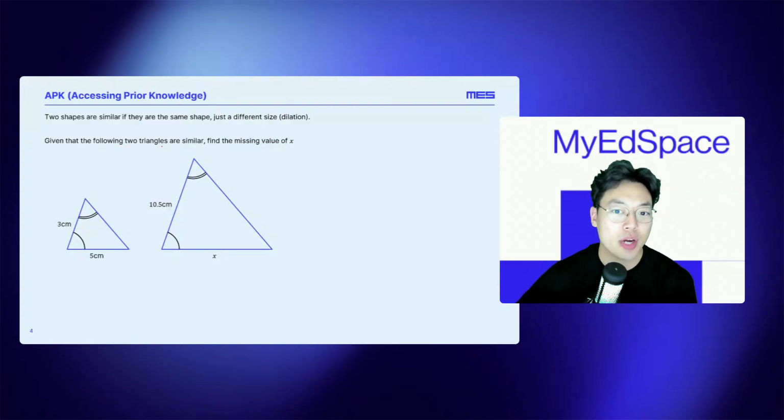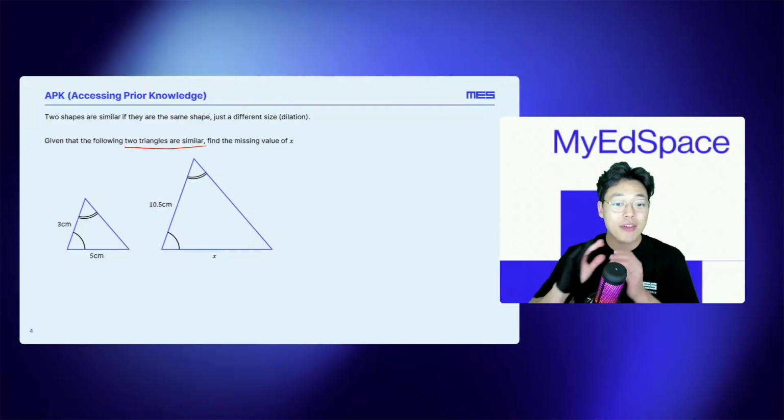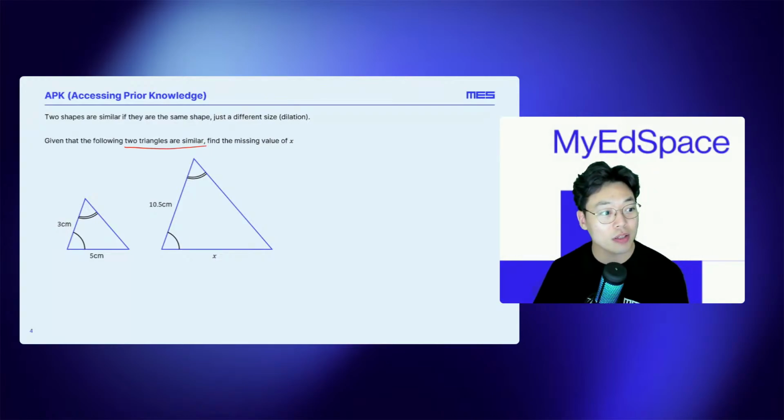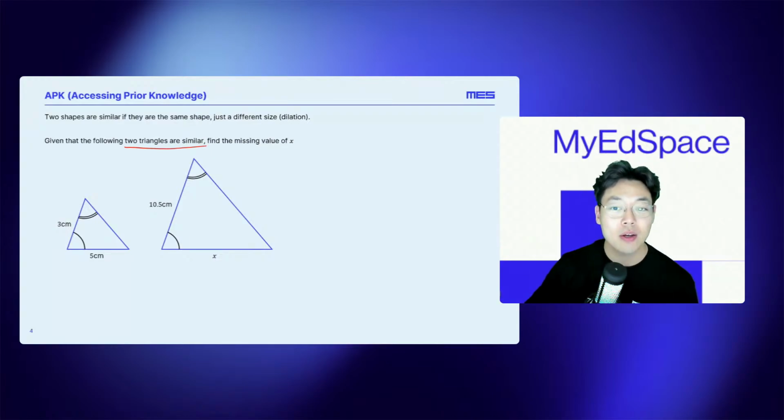Given that the following two triangles are similar, find the missing value of x. So let's take a look. Right here, we know that these two triangles are similar because they tell us the two triangles are similar, so we don't need to prove anything. We just have to set up some equation so that we can find what this missing value of x will be.